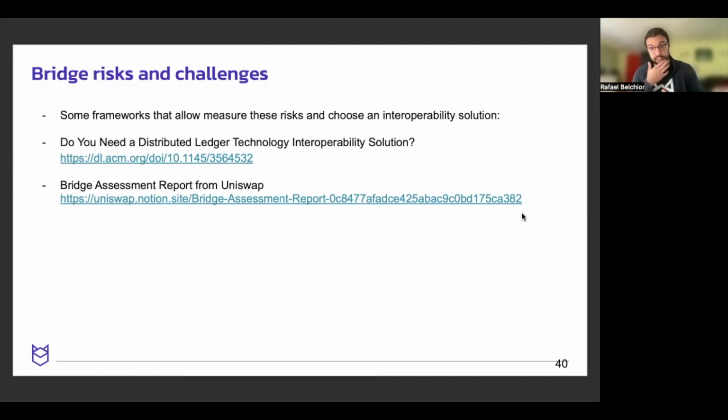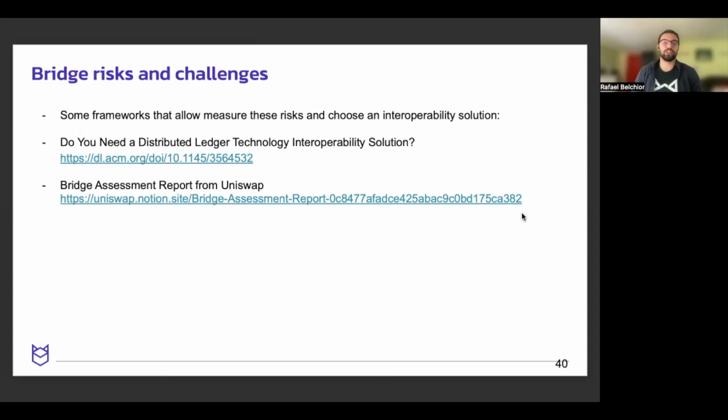The authors have proposed a set of criteria that compares bridges in terms of implementation risk, operational risk, and network risk, and it allows assigning a score to each bridge solution, which is a more systematic way to approach risk prevention and operations, DevSecOps.